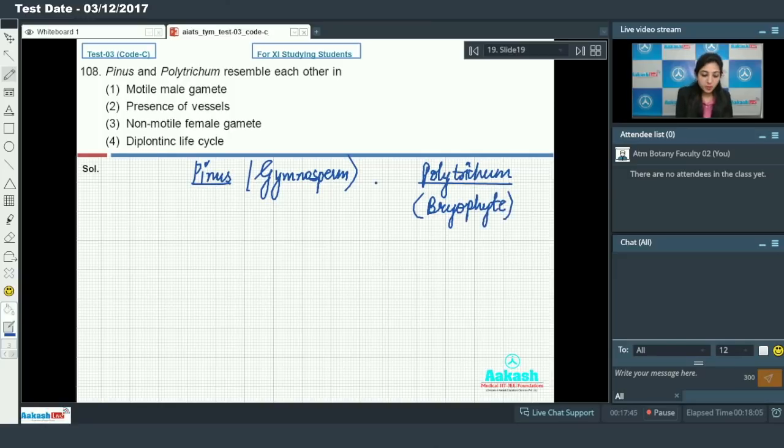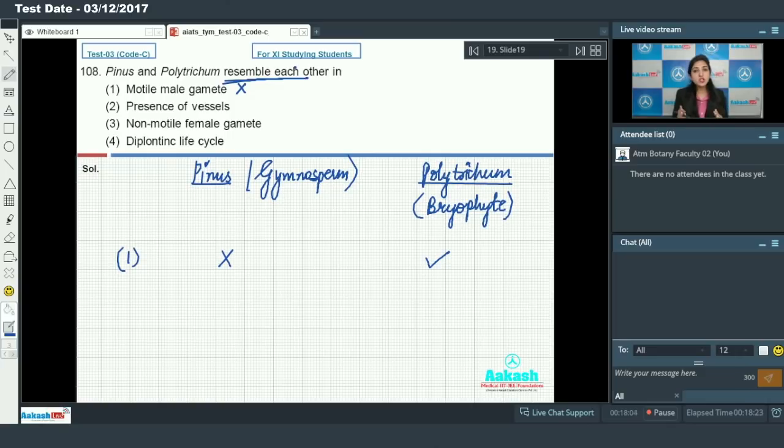Now, motile male gametes are absent in Pinus and biflagellated antherozoids are present in Polytrichum. So this is not the feature in which Pinus and Polytrichum resemble each other.